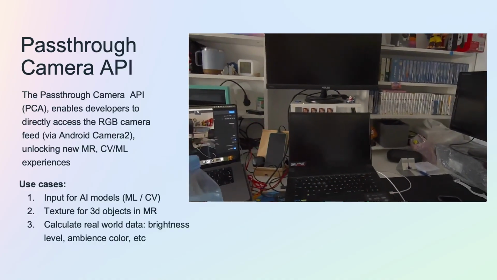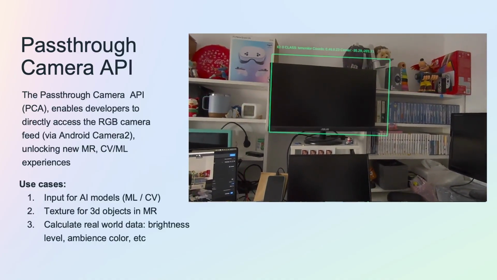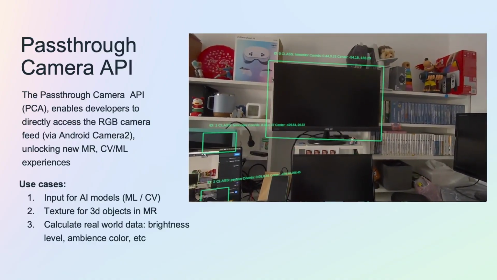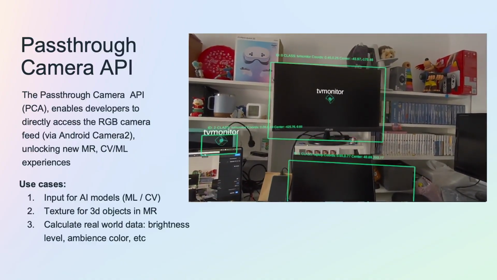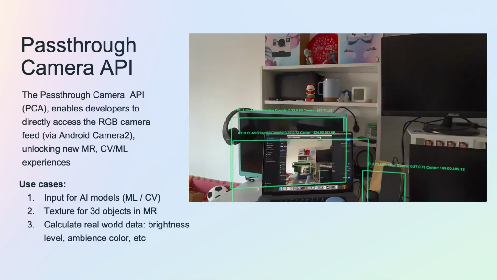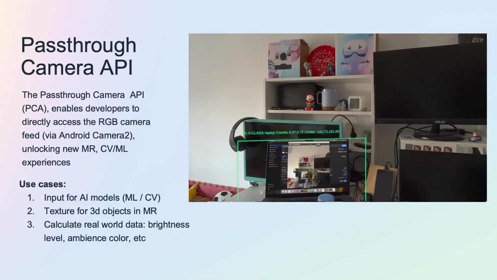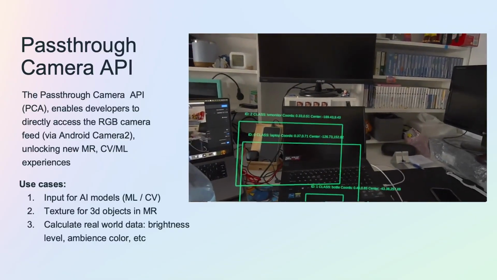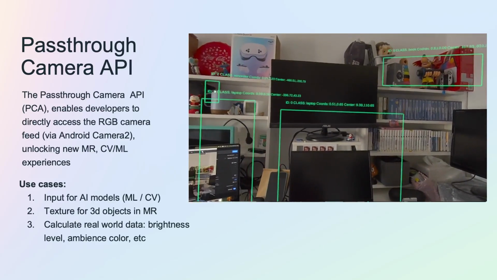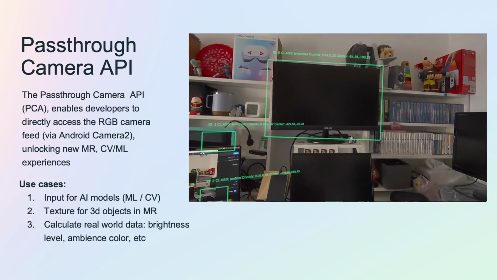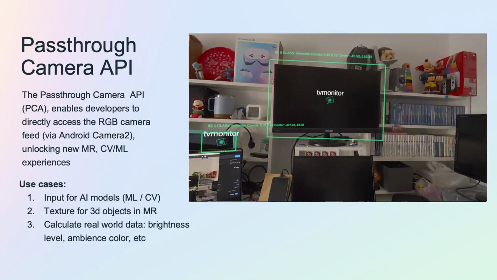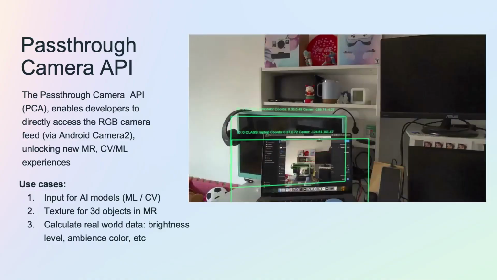It can also be used for more illustrative or graphics type of applications. For instance, you can take it to create a texture or to create lighting or to vary the lighting, add ambient color. So there's a lot of effects you can do to get your production better with it, in addition to the ML and CV use case.